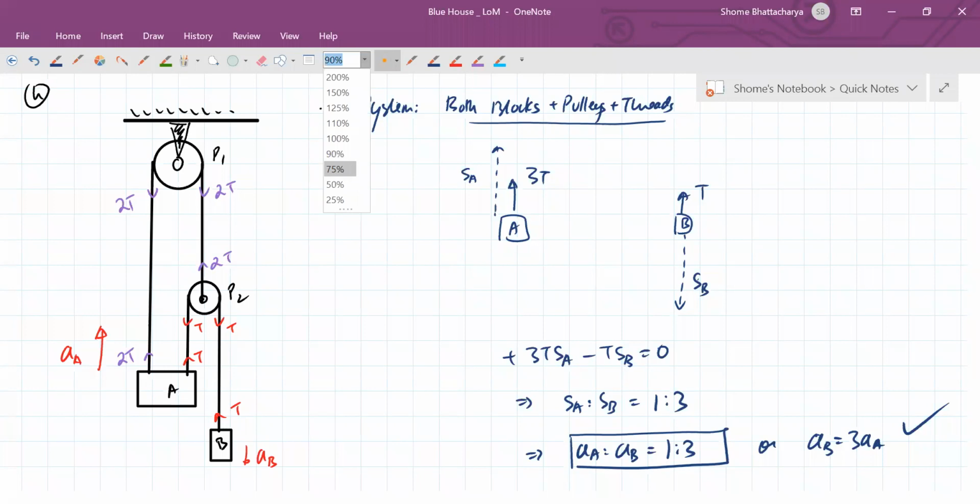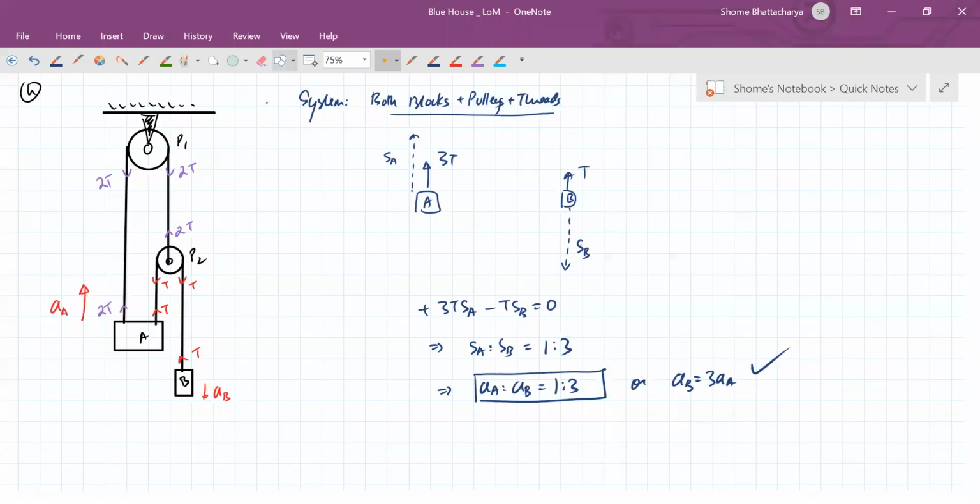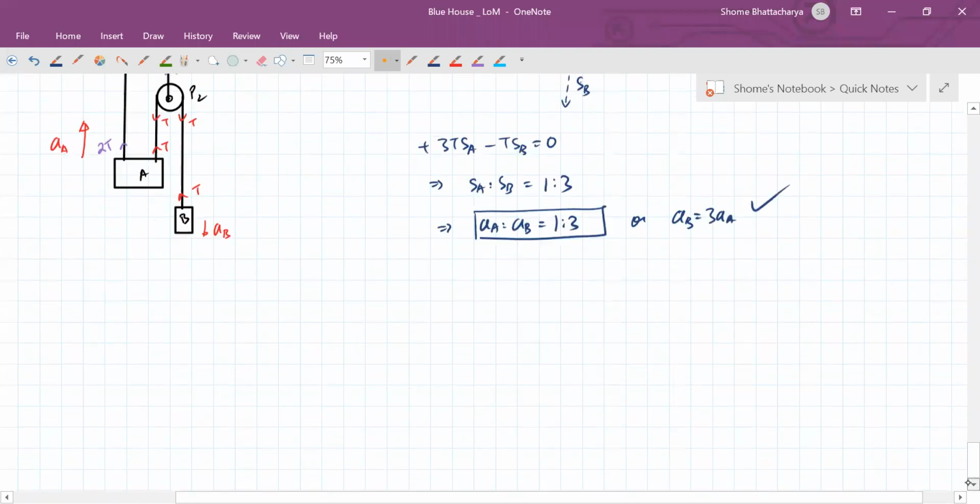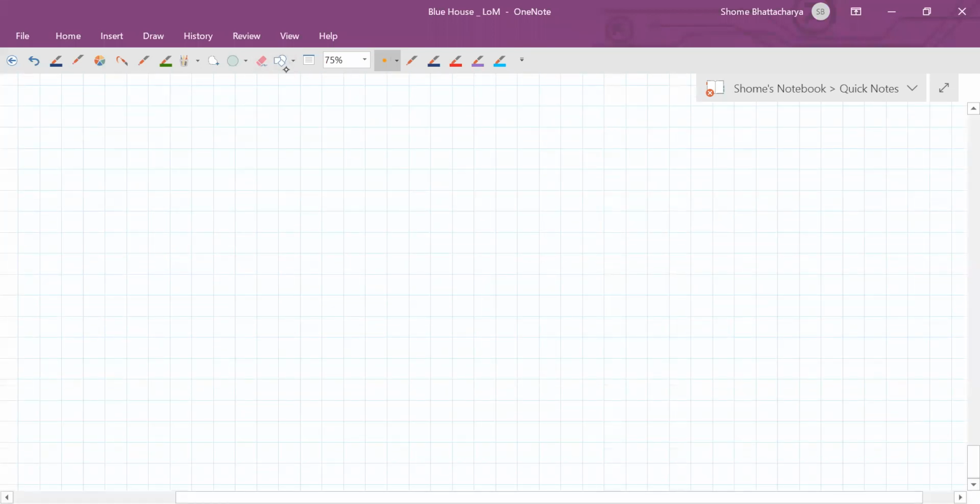Okay, so hope this is clear to you. So next we will do a numerical example where you will see the advantage of using the virtual work method.